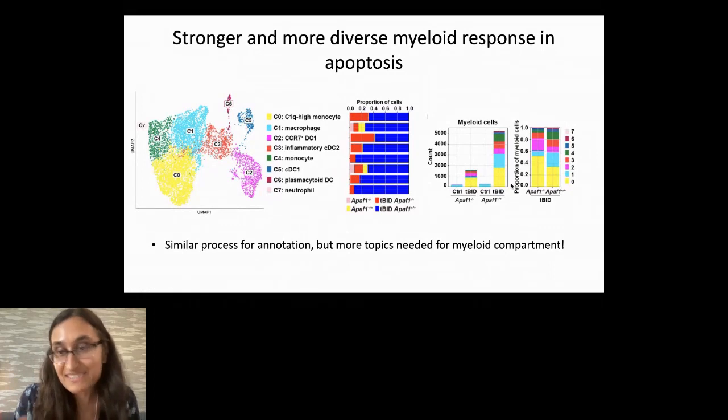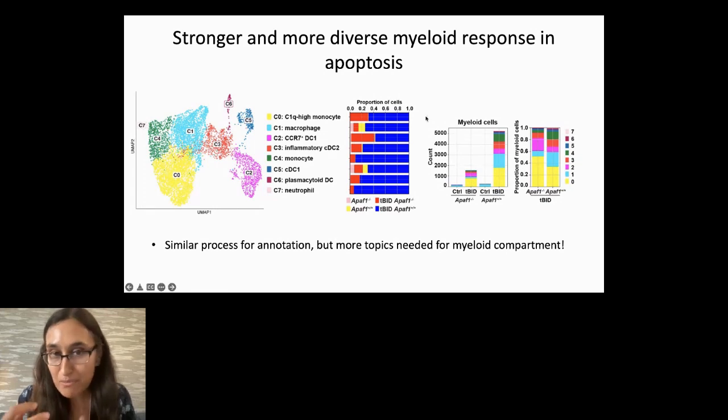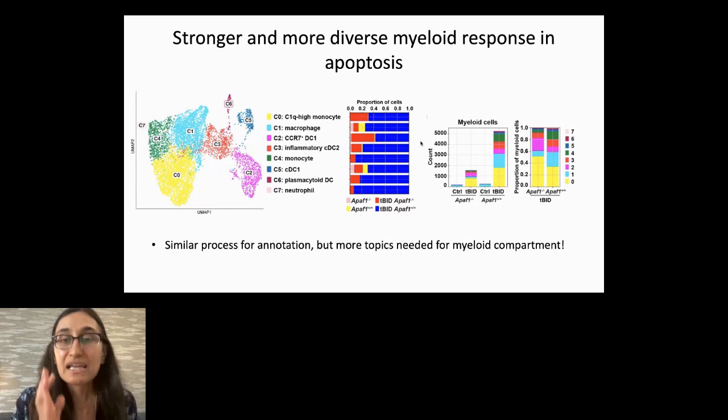So the myeloid cells are the sensors for apoptosis, but relatively speaking, there's an enrichment of these complement high monocytes and also CCR7 positive dendritic cells that home to the lymph node in immunogenic cell death.